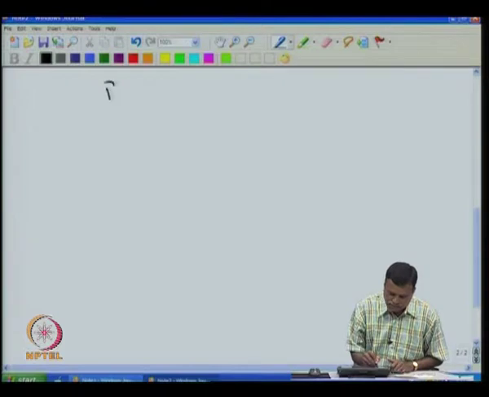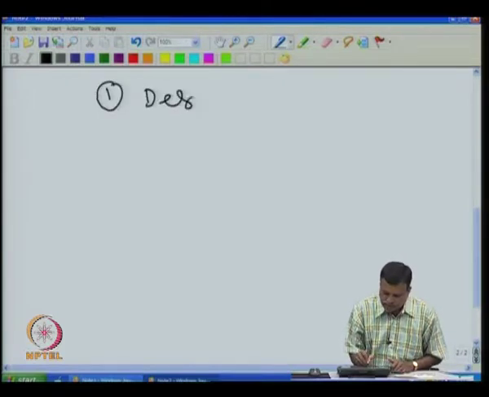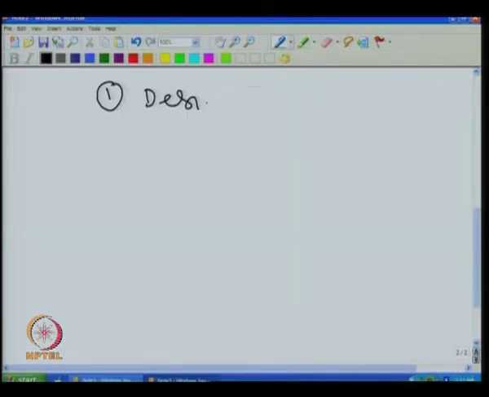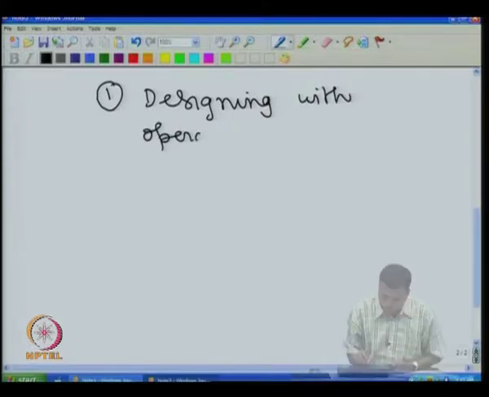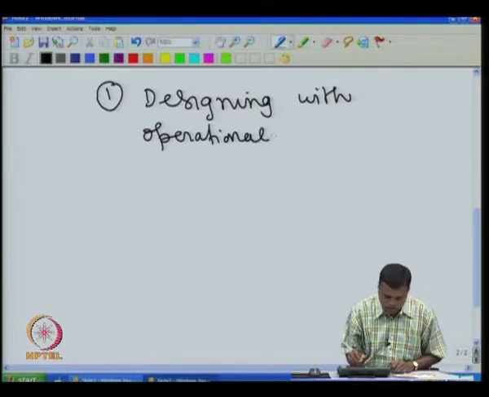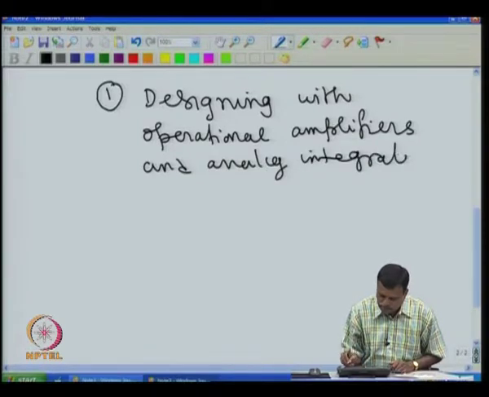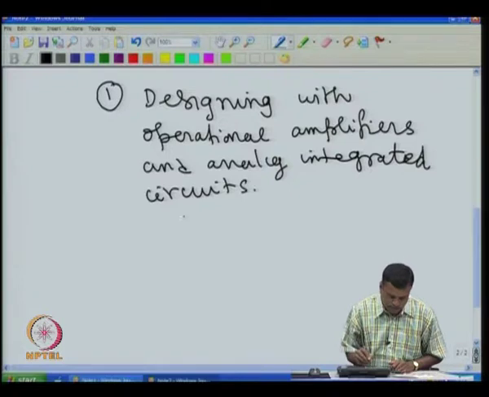One is Designing with Operational Amplifiers and Analog Integrated Circuits, by Franco.